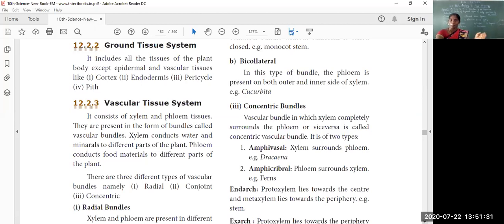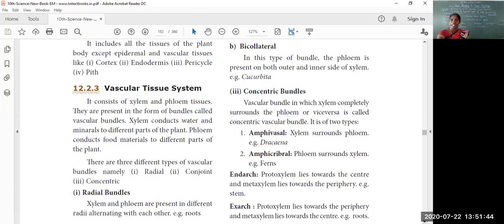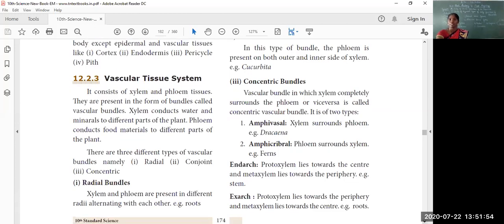So xylem completely surrounded by phloem, or phloem completely surrounded by xylem, is called a concentric vascular bundle. They are of two types, amphivasal and amphicribal. Amphivasal, the xylem surrounds phloem. For example, Dracaena. Next, amphicribal, phloem surrounds xylem.